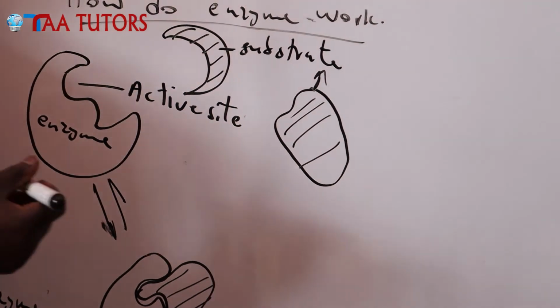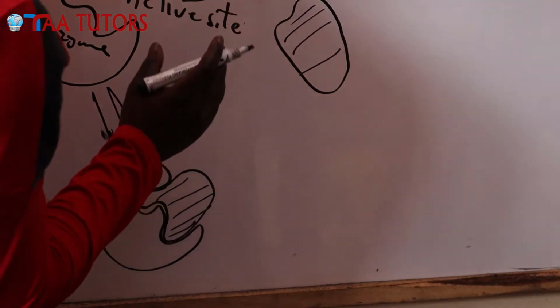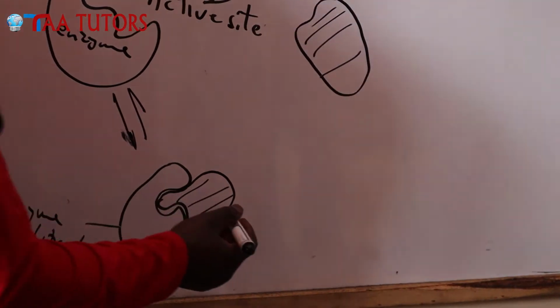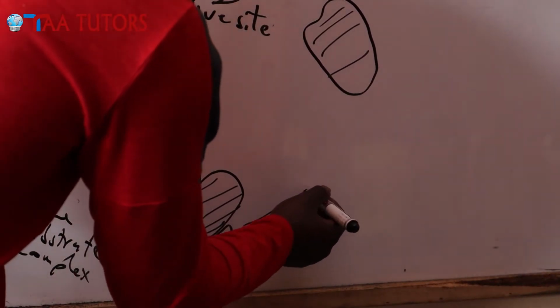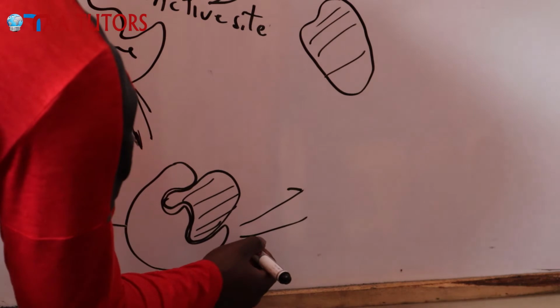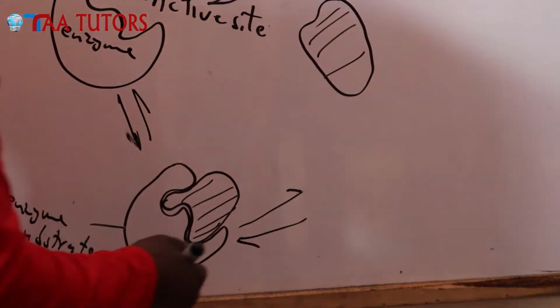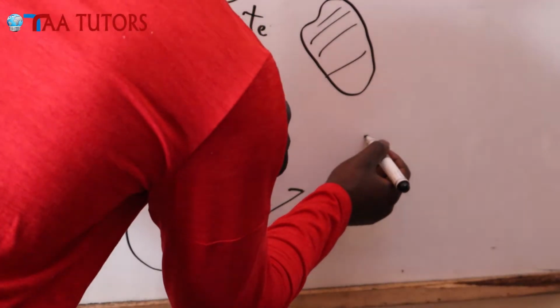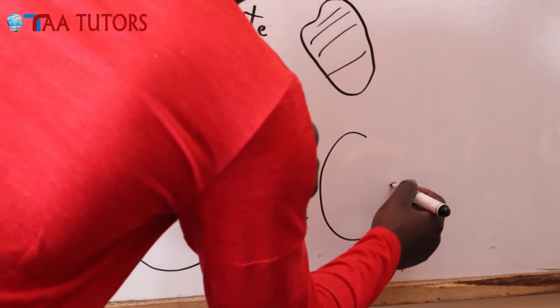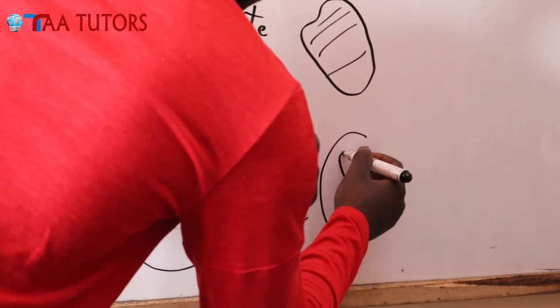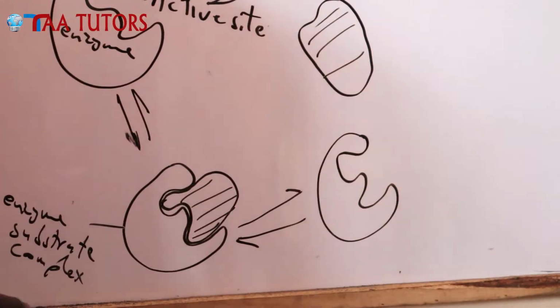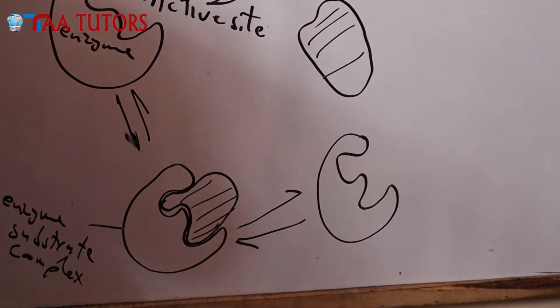So at the end of the day, when this has been simplified, has been broken down, we'll have the enzyme now releasing the product at this point. So we'll have our enzyme with its shape remaining there. It's unlocked, so it has the initial shape that it had.